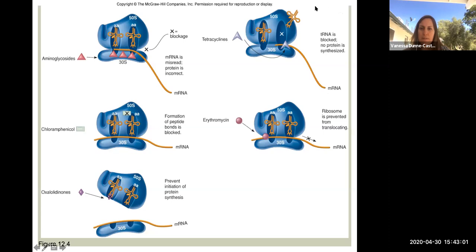Tetracyclines up here in this corner inhibit the binding of tRNAs at the aminoacyl or acceptor site here, and erythromycin will physically bind and prevent that ribosomal translocation to prevent the development of that polypeptide strand.